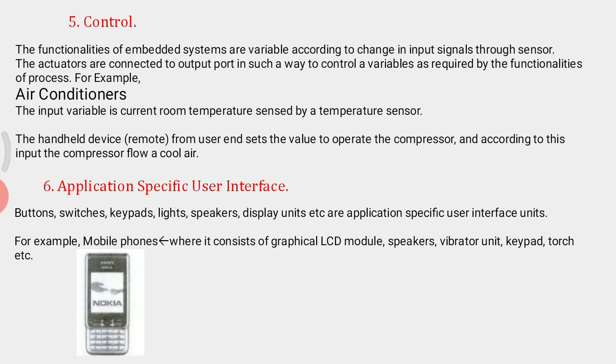The handheld device or remote from the user end sets one value to operate the compressor of the AC, and according to that input from the remote, the compressor flows cool air. Even if there is a change in the input sensor values, the compressor is going to give a limited cool air. So that is a control system.